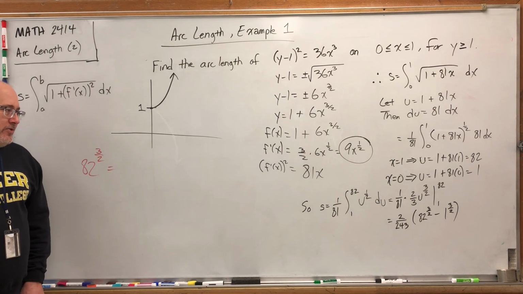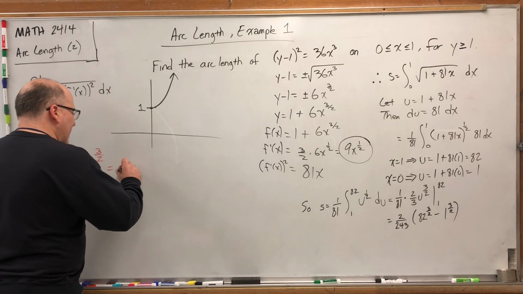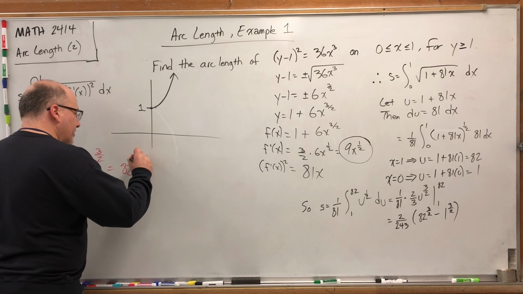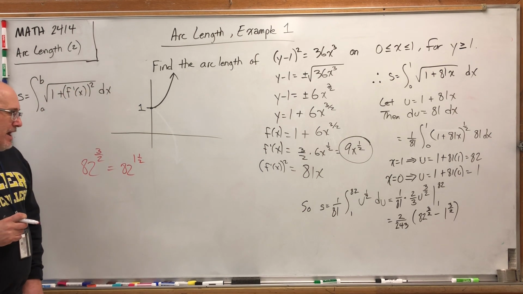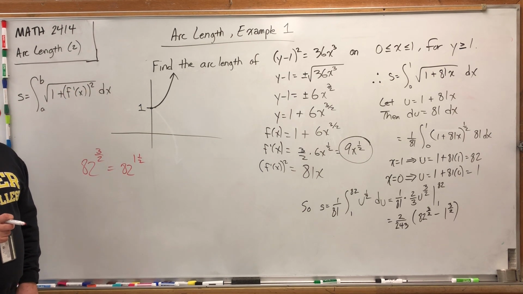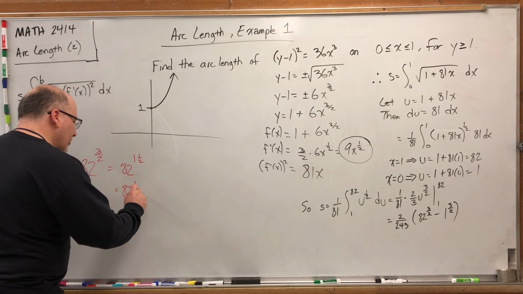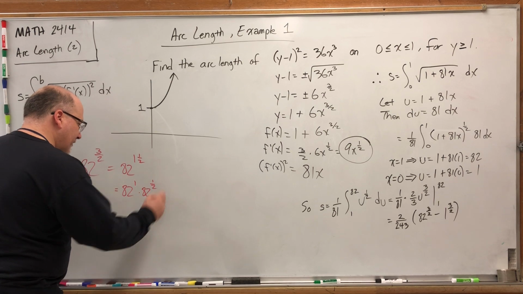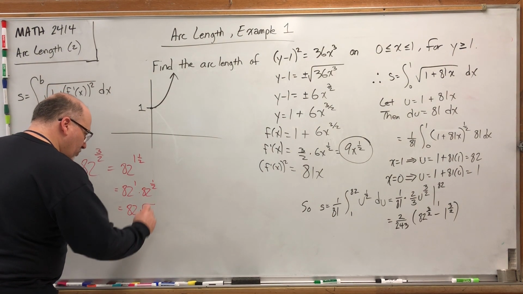There's a standard way and there's also a slicker way. The slicker way is to think of the 3/2 as a mixed number. This is one of the rare times I advocate using mixed numbers in calculus. If you think of it as 82 to the 1.5 power, 1.5 literally means 1 plus 1/2, which means I can split this into 82 to the first times 82 to the 1/2. 82 to the first, of course, is 82, and then 82 to the 1/2 is just the square root of 82.